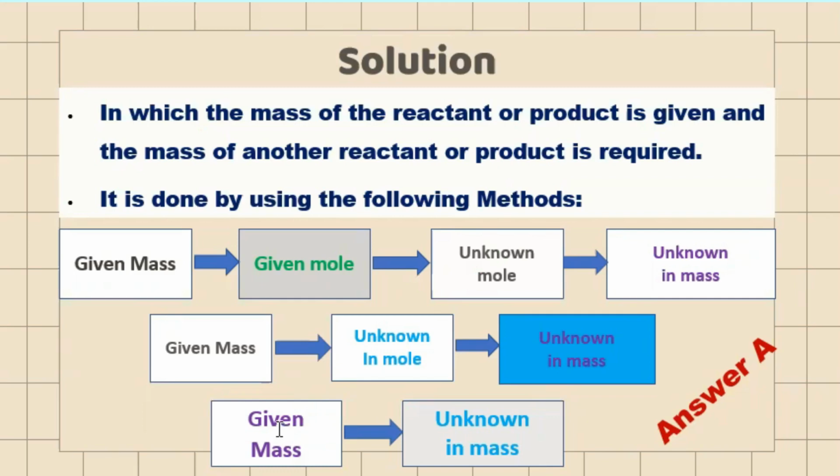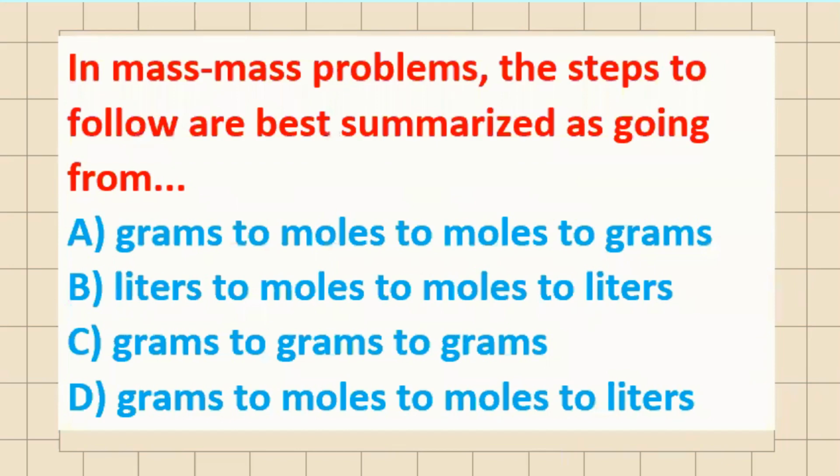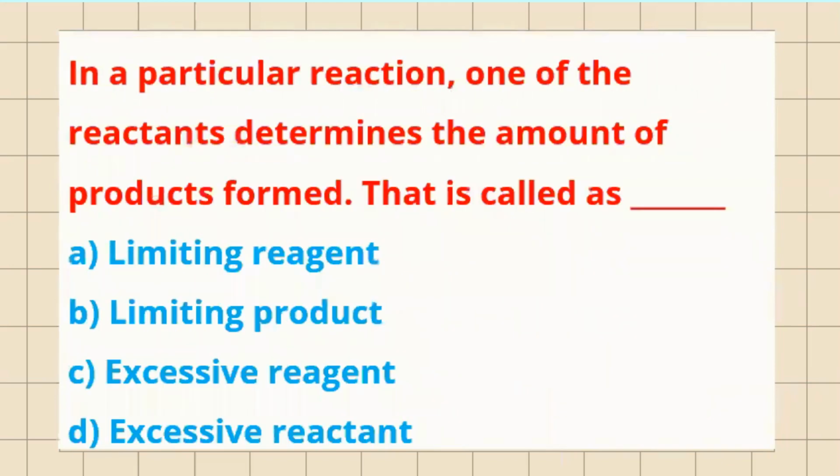You can find out the unknown mass by using the given mass of the substance, therefore the answer must be what? A. Okay, question number: in a particular reaction, one of the reactants determines the amount of products formed. That is called as A, limiting reagent, B, limiting product, C, excessive reagent, D, excessive reactant.